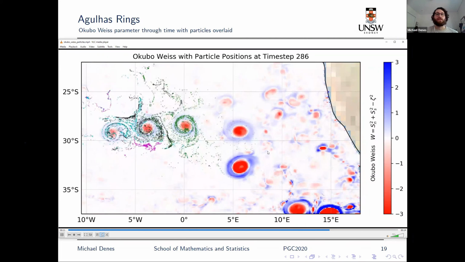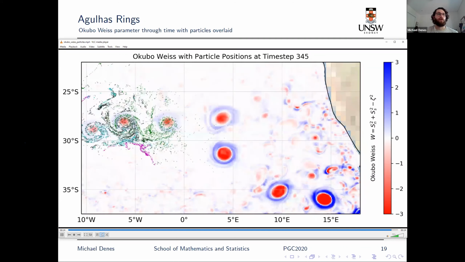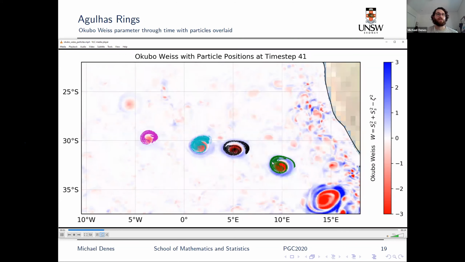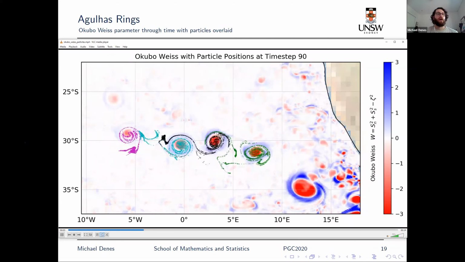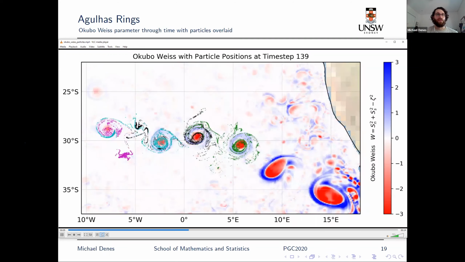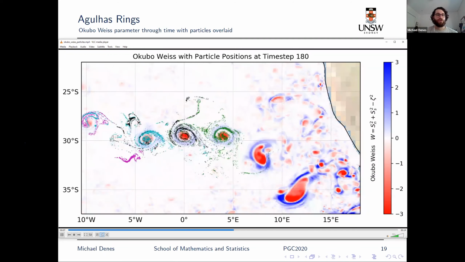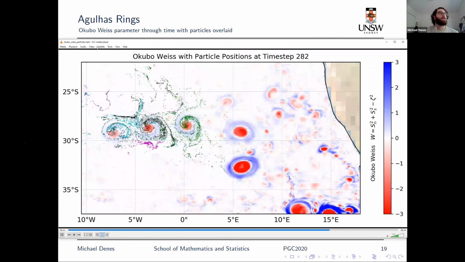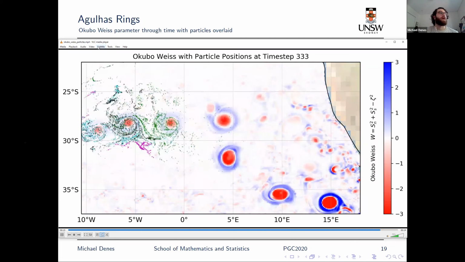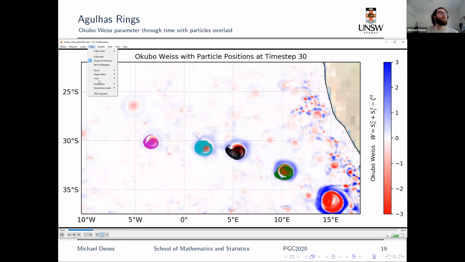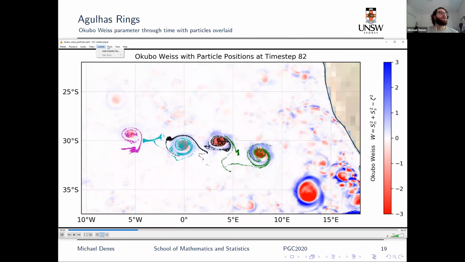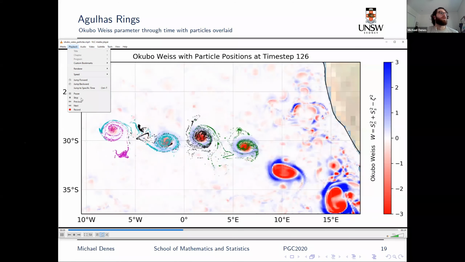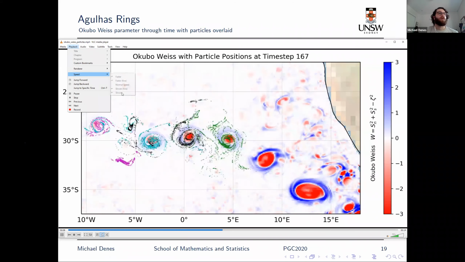So what I've done in this video is I'm showing 4 different Okubo-Weiss eddies. I've initialized particles within the eddy, and then I just push those particles forward through time. And what you can see, maybe it would be helpful if I slow this one down as well. So speed, slower.